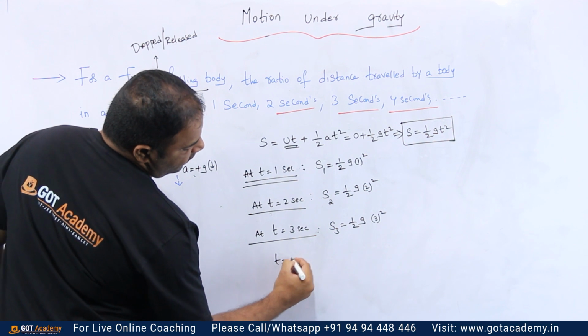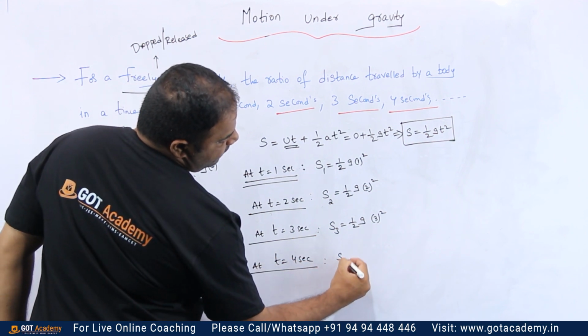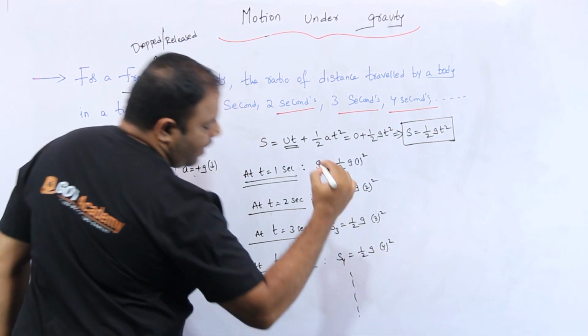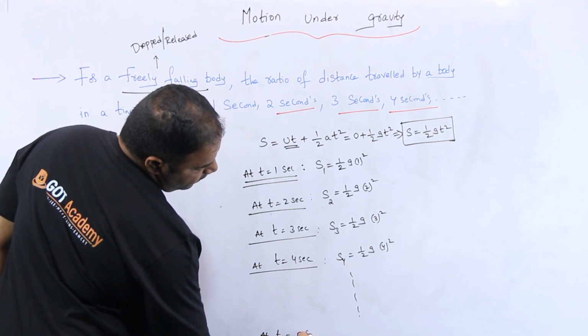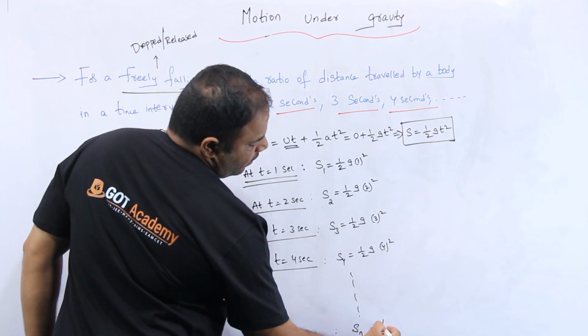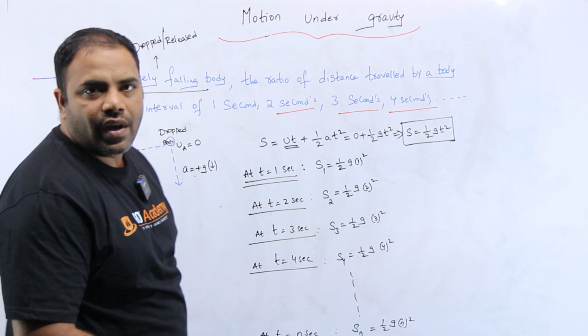Similarly, at t equal to 4 seconds, s4 is equal to half g 4 square. Like this, I will continue. At some time t equal to n seconds, the distance for n seconds is half g n square. Like this I will get.